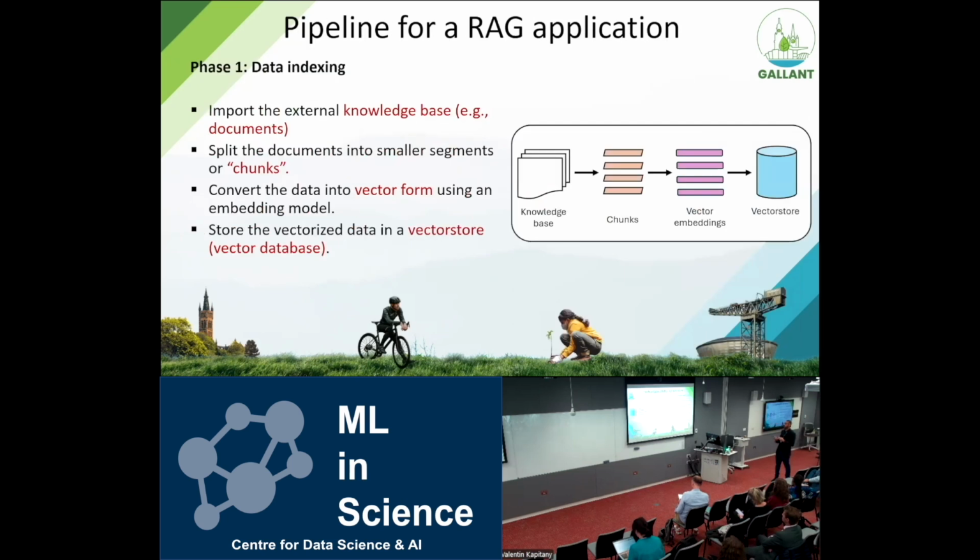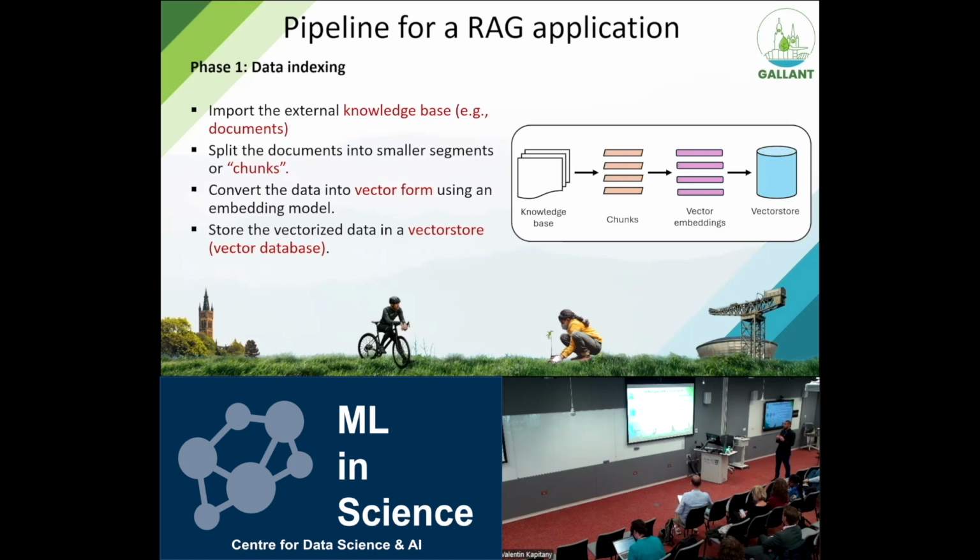So here I'm showing a two-phase pipeline for our RAG application. The first phase is data indexing, where we start with importing our own auxiliary databases, for example, a library of documents. Then we split these documents into smaller, manageable segments called chunks.